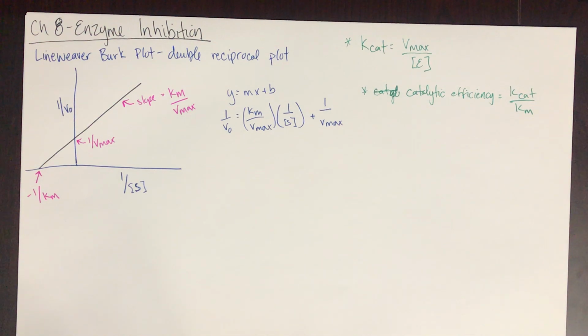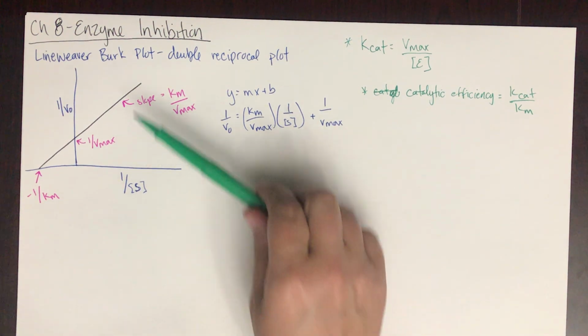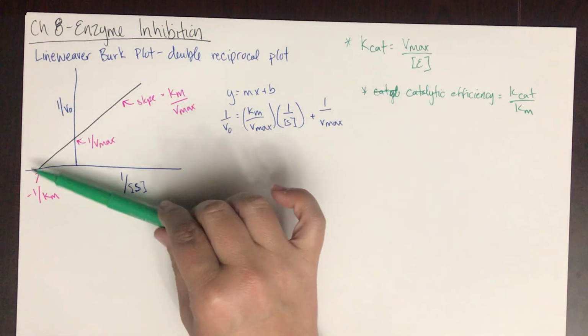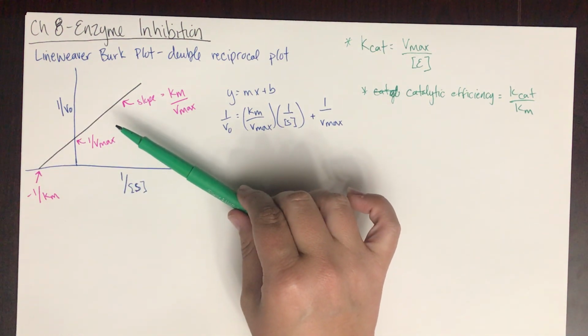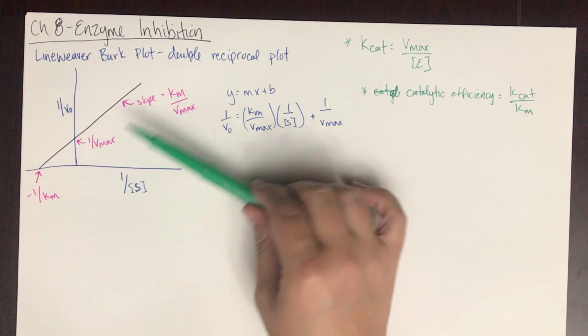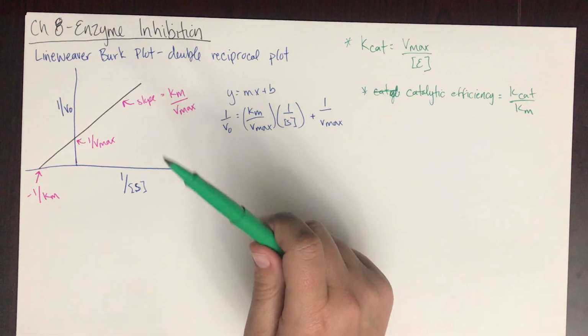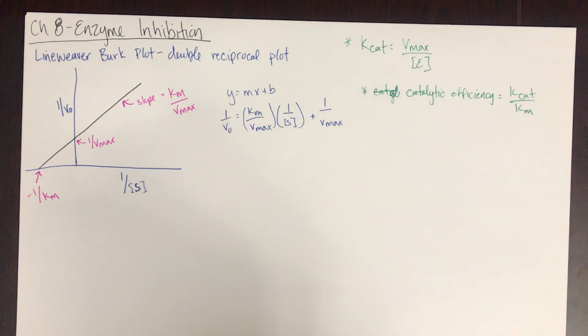Enzyme inhibition. So an inhibitor is something that binds to the enzyme with or without the substrate that can affect the affinity for the substrate. So they can affect the rate of the reaction. There's also another plot called the Eadie-Hofstee plot that we won't use, but it's also in your book and in the lecture. So let's talk about inhibition. Let's define it first.